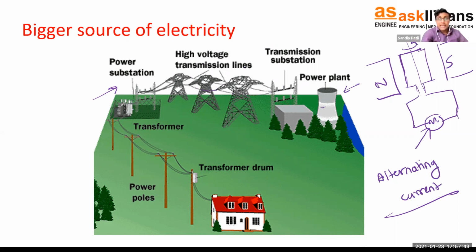There are transformers there. What are those transformers? Transformers are actually used to change the voltage of the current. Whatever current is there, you can change it. How can you change the voltage, and why should you change the voltage? You can consider this is very high voltage current, right?